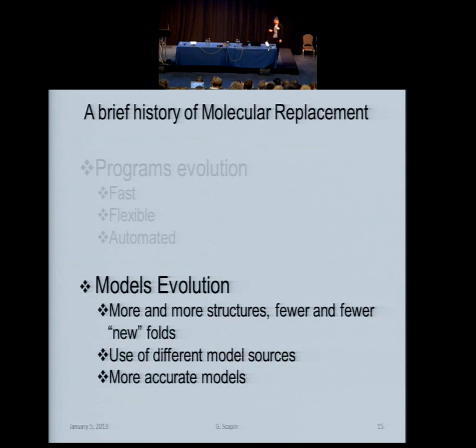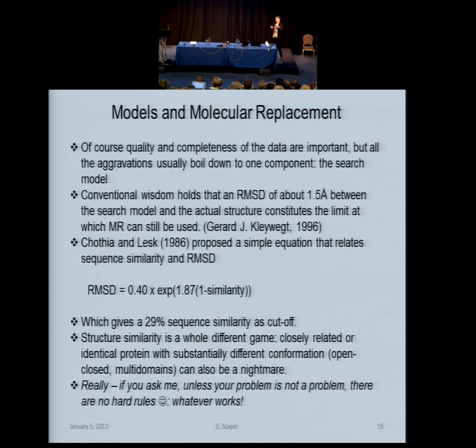So a lot of evolution in the model, a lot of evolution in the programs. What about the models? Of course, I think we all know that it's important that we start with the correct model, and we also know that the closer our model is to our target protein, the higher the likelihood that we get a decent molecular replacement.